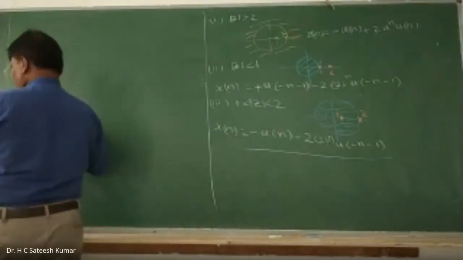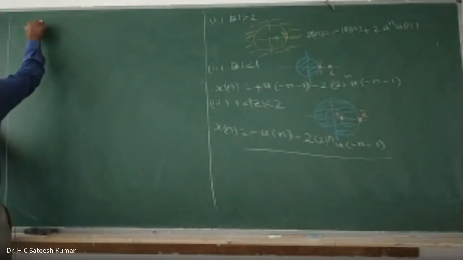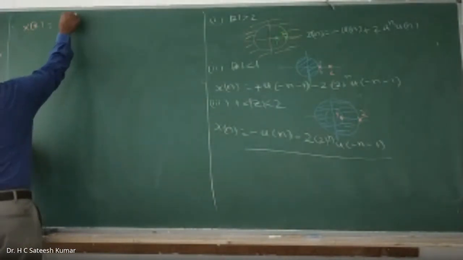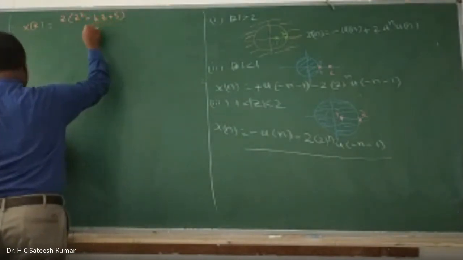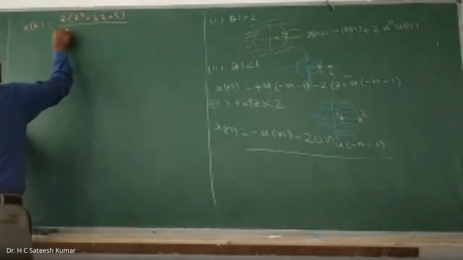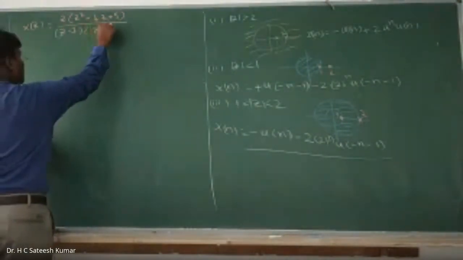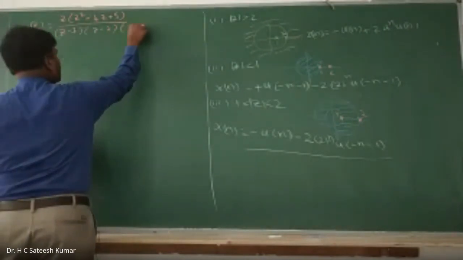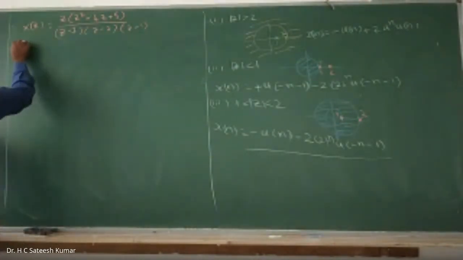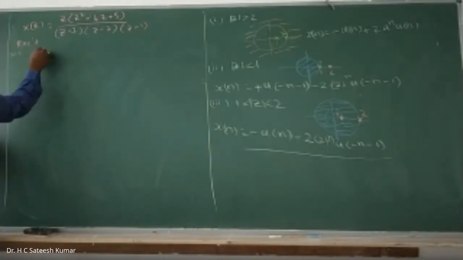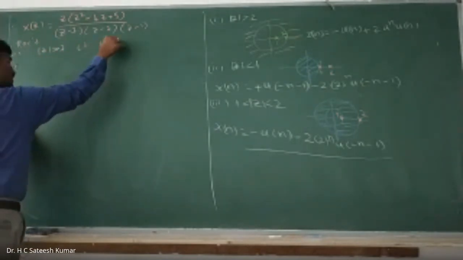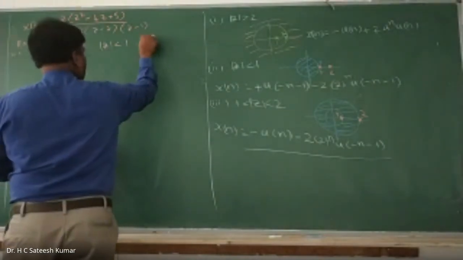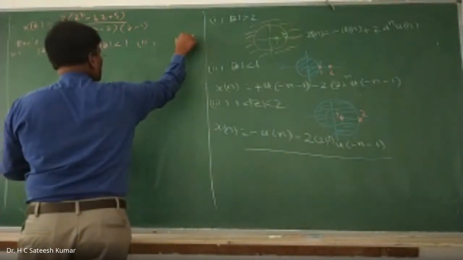Find the inverse Z transformation of x of z is equal to z into z square minus 4z plus 5 divided by z minus 3 into z minus 2 into z minus 1, with ROCs. First one, mod z greater than 3. Second one, mod z less than 1. Third one, mod z lies between 2 and 3.